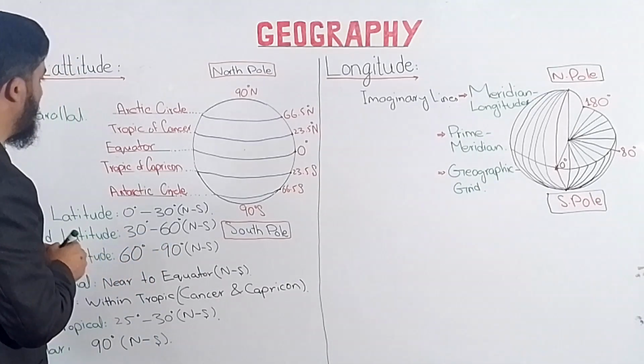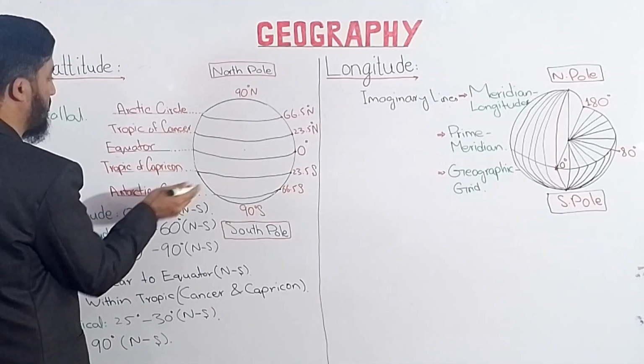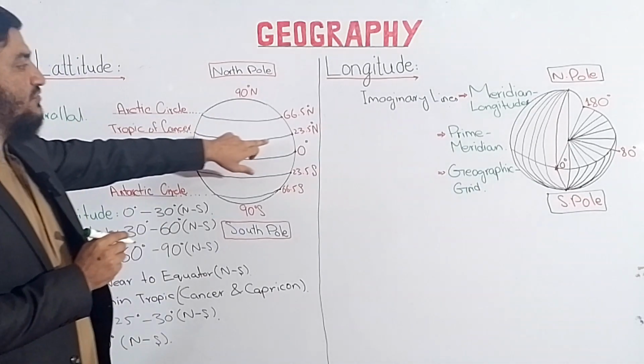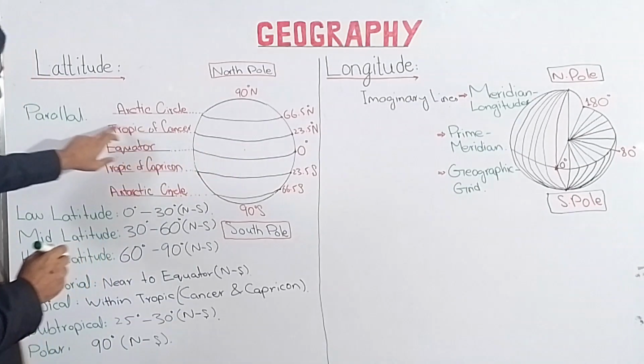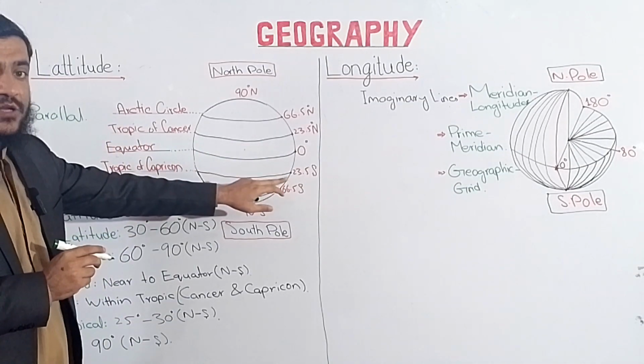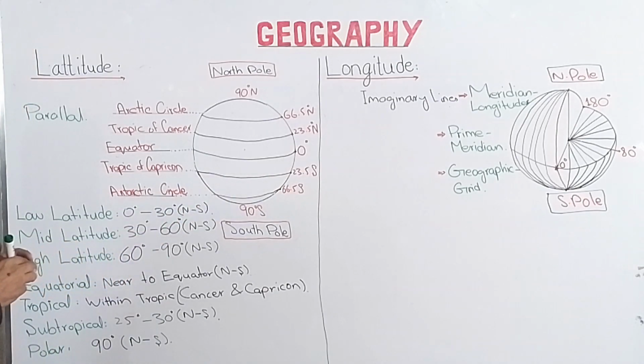For example, if we cast the line towards north, there comes the Tropic of Cancer at 23.5 degrees north, as well as the Tropic of Capricorn at 23.5 degrees south.